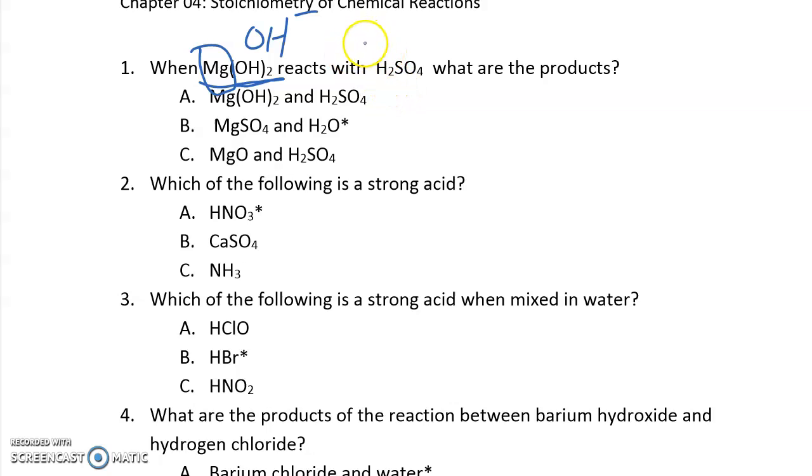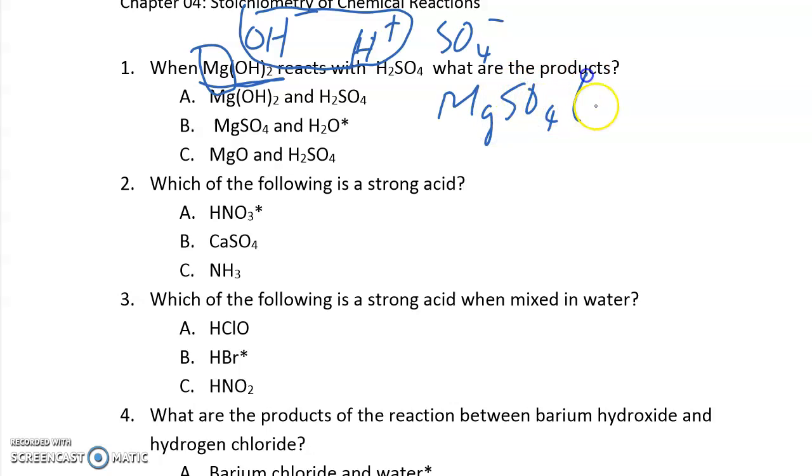This is a strong acid, one of the 6 strong acids on the list. When this dissolves, we have H plus and also SO4 2 minus. These 2 are going to combine and form a water molecule. Also, Mg combines with the sulfate, it will be soluble, and it forms MgSO4. It's soluble. Therefore B is your answer.